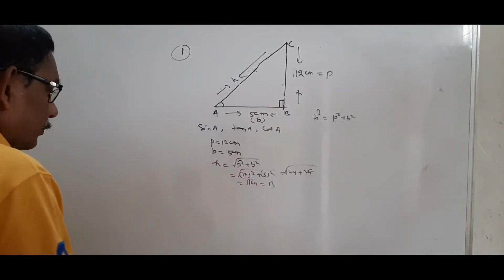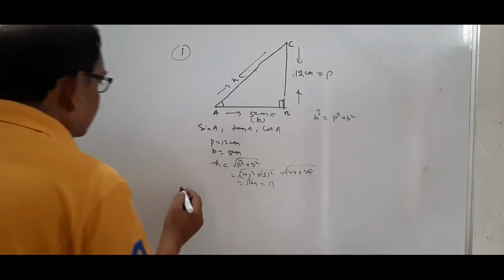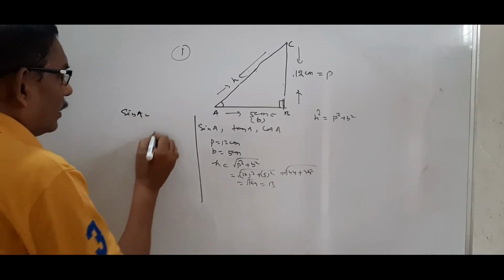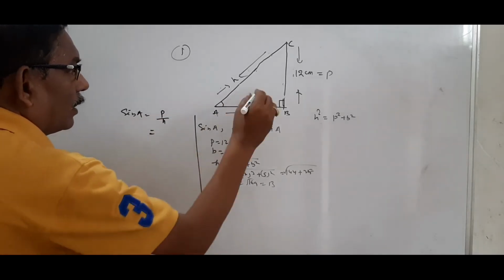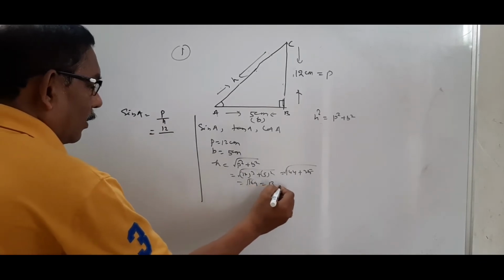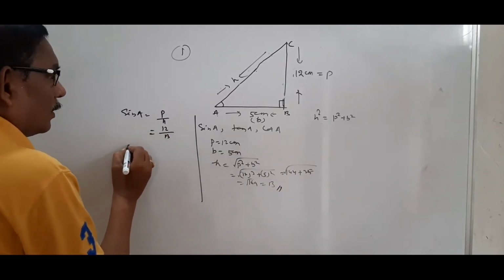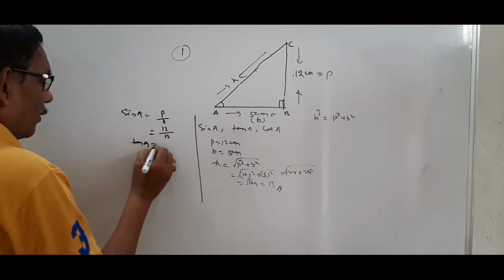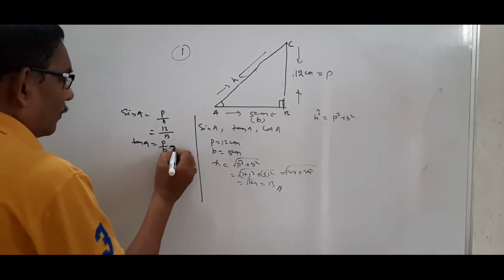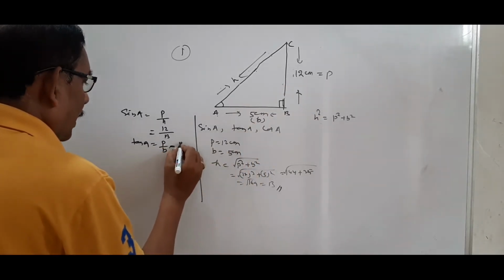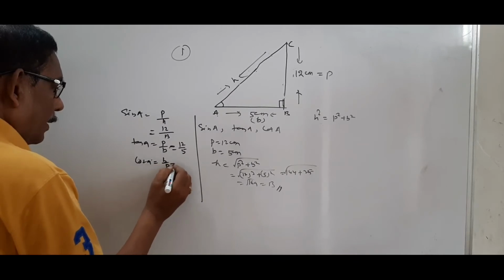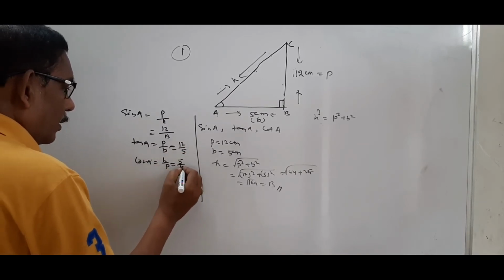Now find sin A. Sin A is written as P by H, P is 12, H is now 13. Similarly, tan A is perpendicular by base, 12 by 5, and cot A is B by P, 5 by 12.